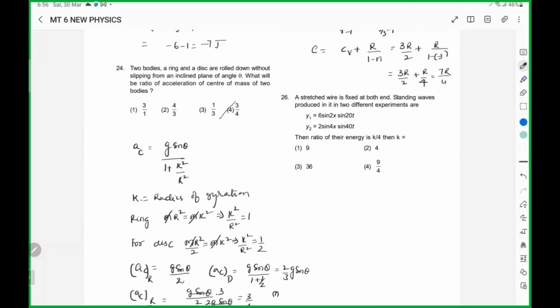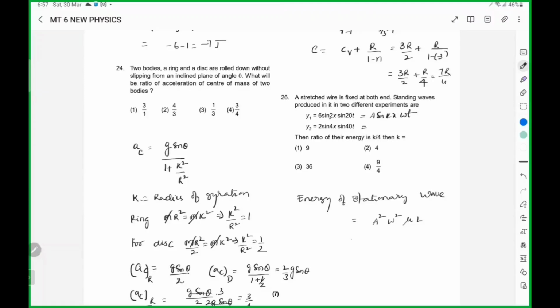So the ratio of energies, energy of stationary wave is equal to a square mu square omega square mu L. Here, first one, this is a sine kx omega t.